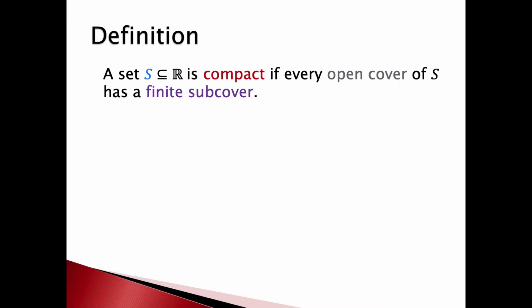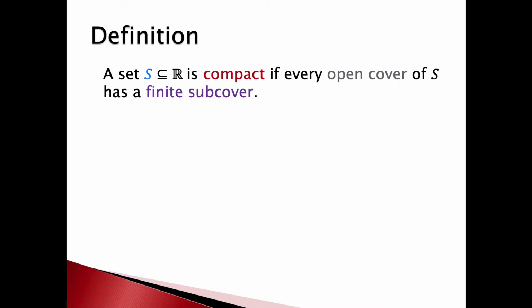That means if I take an open cover script F, then I have to be able to throw away all but finitely many of the sets I'm using. And what's left, call that script G, with finitely many multicolored sets left, still has to cover my original set S. So no matter how many sets it took to cover S the first time, I can always get rid of all but finitely many of them.